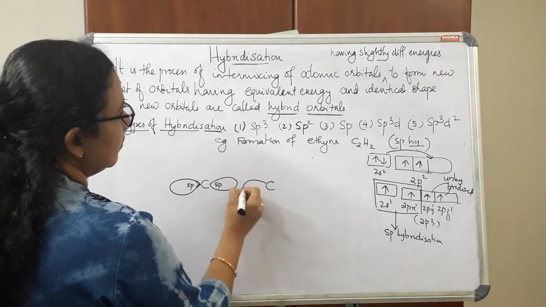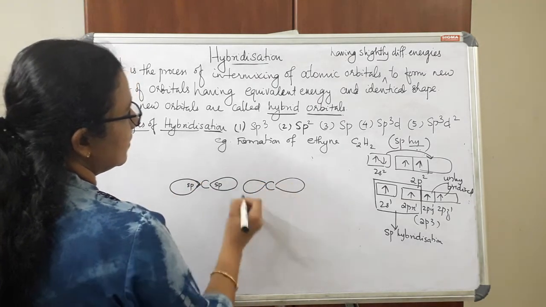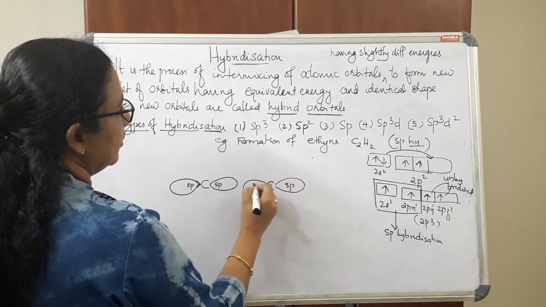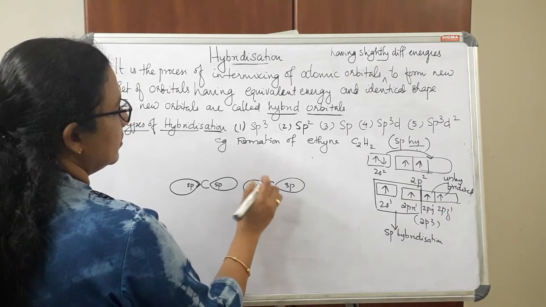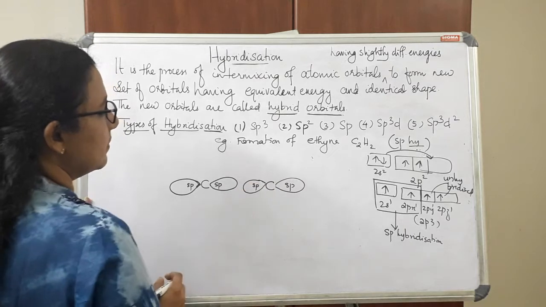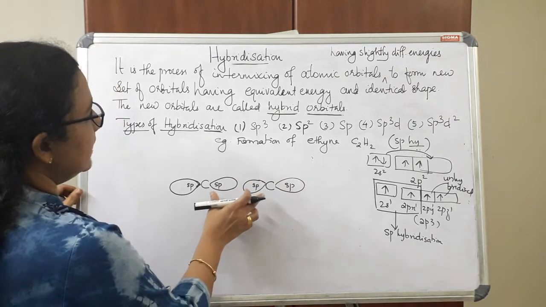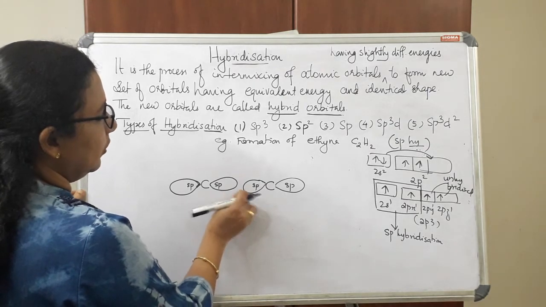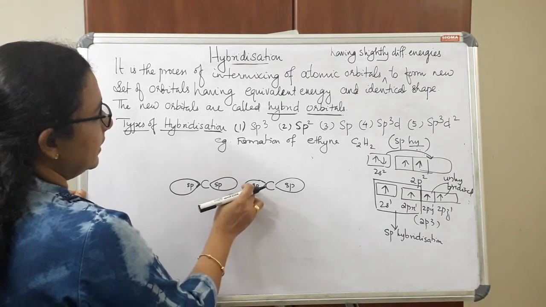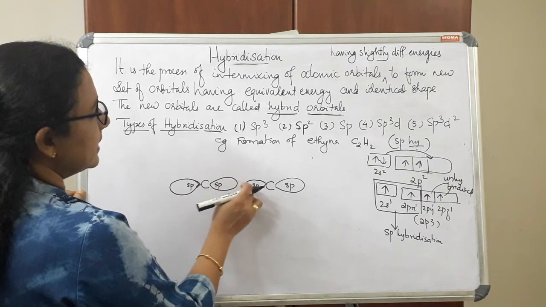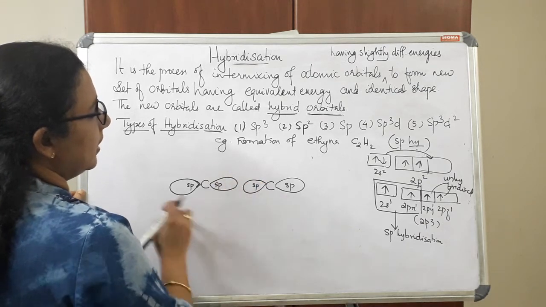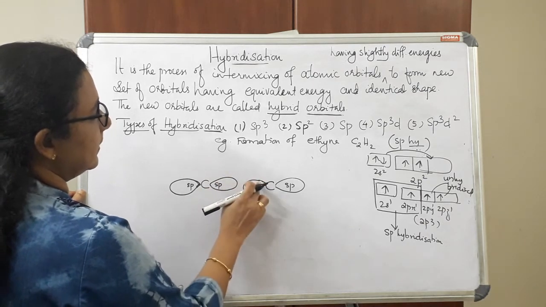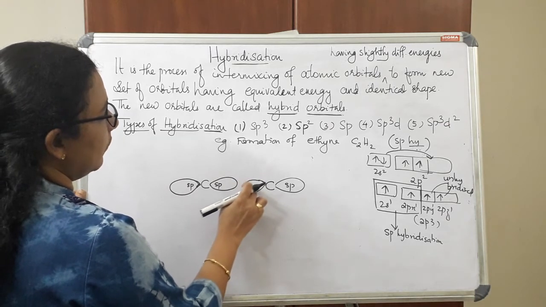Two carbon atoms are there, and there are two sp hybrid orbitals also. First of all, these two carbon atoms have an overlap. That means one sp orbital of each carbon atom will overlap together. So we can draw that overlap first.